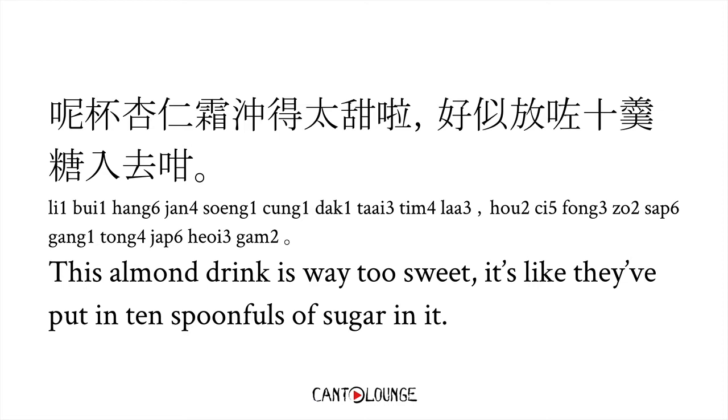Remember the 得 that we talked about in the adverb constructions in the previous lesson? 沖得太甜啦, so it's made way too sweet. It's like they've put in 放咗10羹糖入去咁, 10 spoonfuls of sugar in it. Fairly straightforward application, I think.